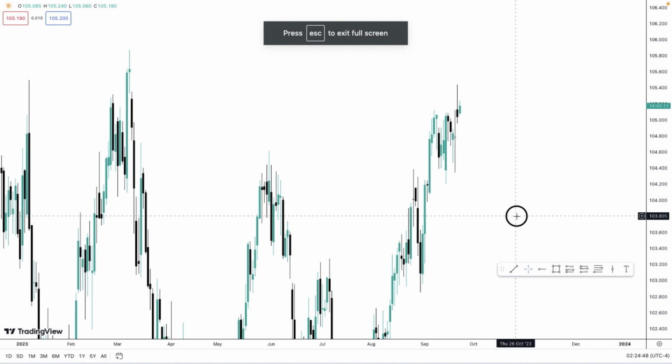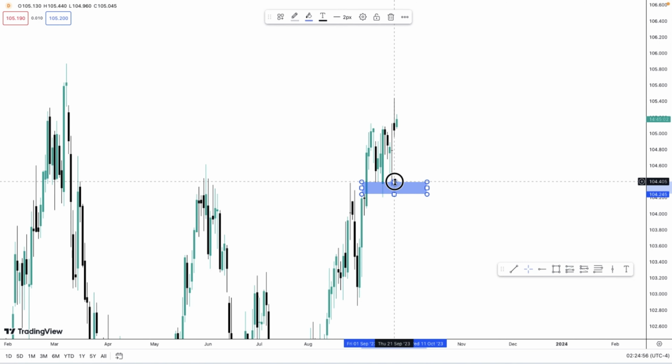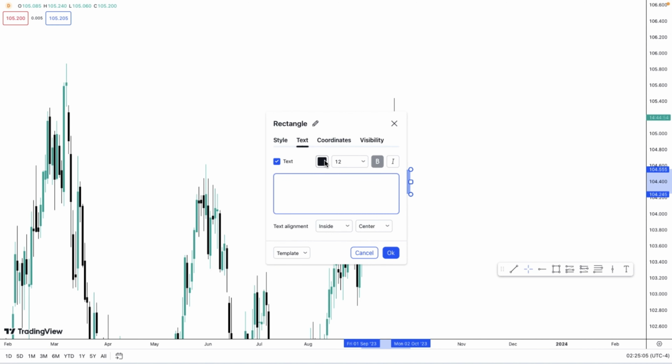On the daily, you can see price has been pushing up. We're coming from this fair value gap here. It's a daily discount fair value gap.